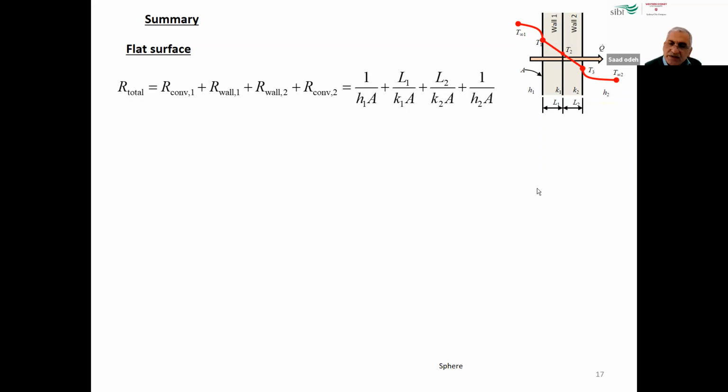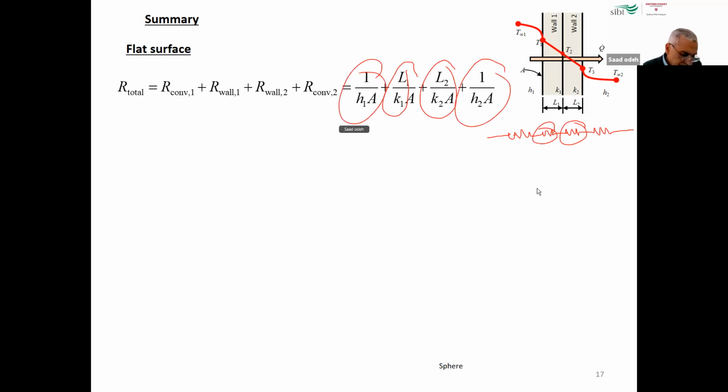So this is the simple type of walls: resistance 1, resistance 2, and so on. Each one of them has a different formula, because if it's conduction, we use the conduction formula. If it's convection for the outer surface, then we use the convection formula. So this is R total. Once you find the R total, then simply Q dot, or heat transfer, will be delta T divided by the R total. This is for walls.